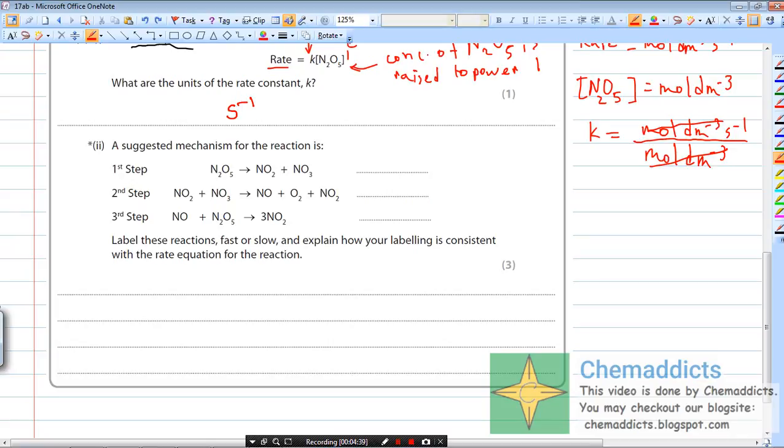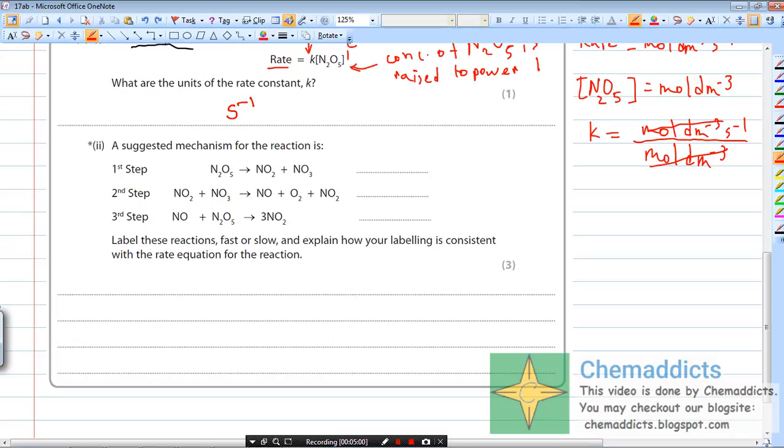Then nitrogen monoxide reacts with dinitrogen pentoxide to form nitrogen dioxide. So let us read the question: label these reactions fast or slow and explain how your labeling is consistent with the rate equation.